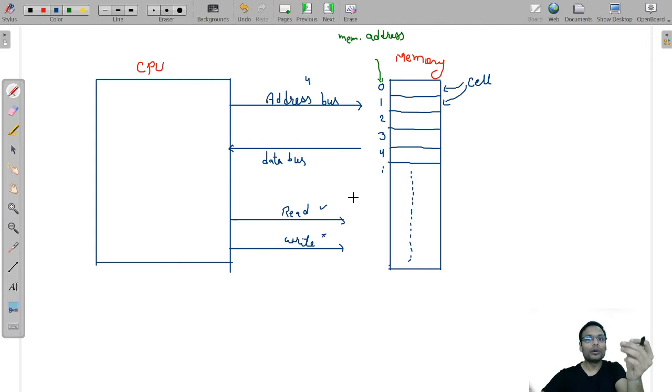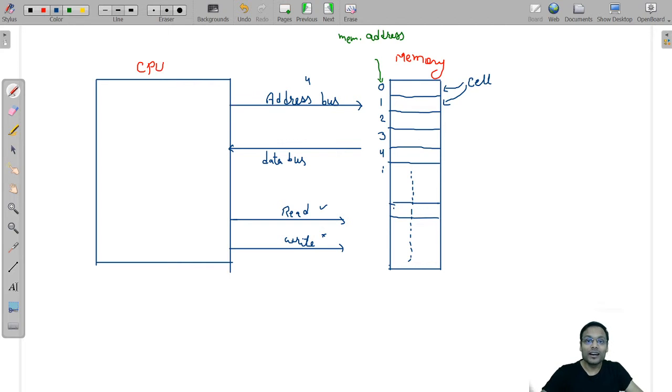Now let's talk about memory write. In the memory, some data is to be written. So what will CPU do? CPU will send some address. Let's assume any address, 1, 2, 3, 4, 5, 50, 100. So many addresses are there. CPU sends an address, and on this address, let's say write should be happening, then what data to write?